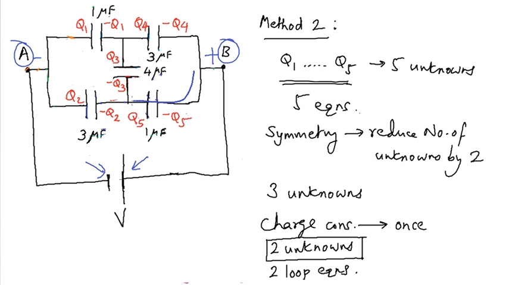So when we travel from B to A this way, then we note that we first encounter a 1 microfarad capacitor followed by a 3 microfarad capacitor. On the other hand, when we travel from B to A through the upper branch this way, we encounter a 3 microfarad capacitor first followed by a 1 microfarad capacitor. We also note that there is a 4 microfarad capacitor, this one, which is connected vertically in between.